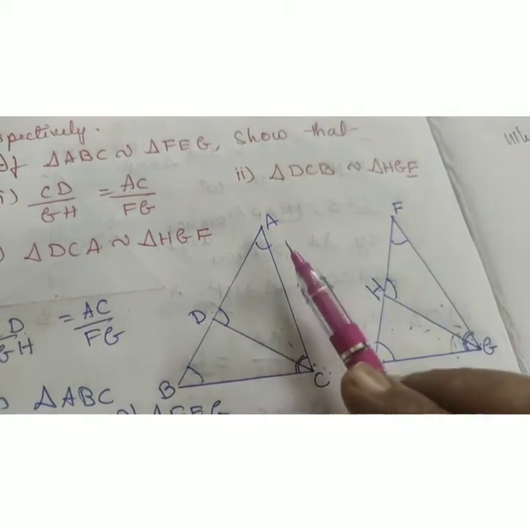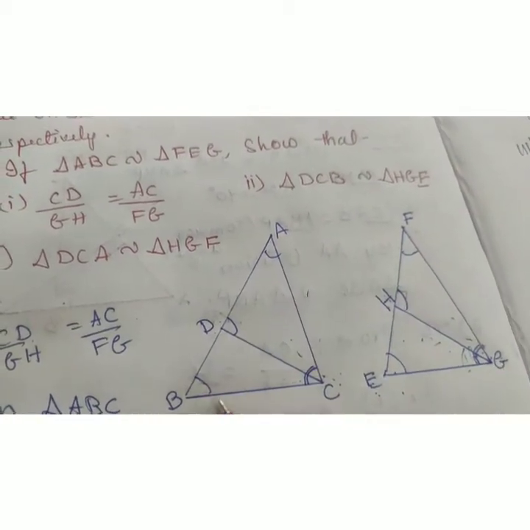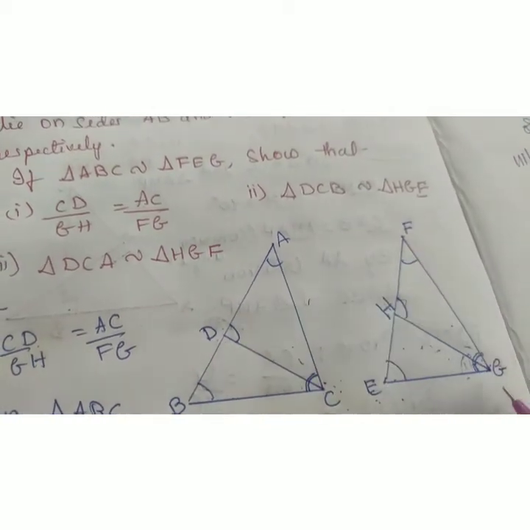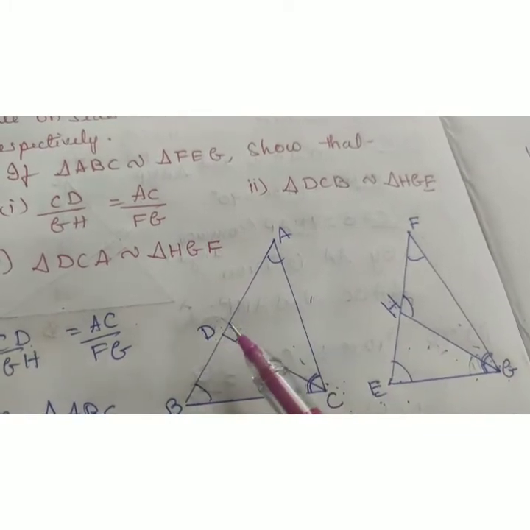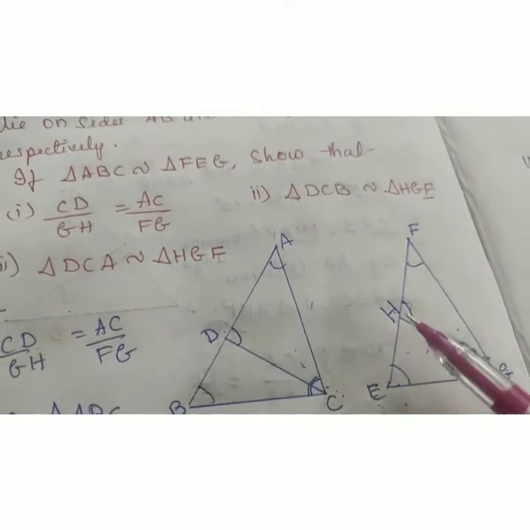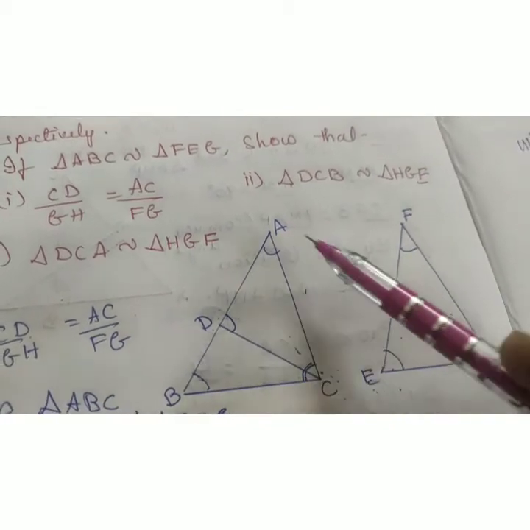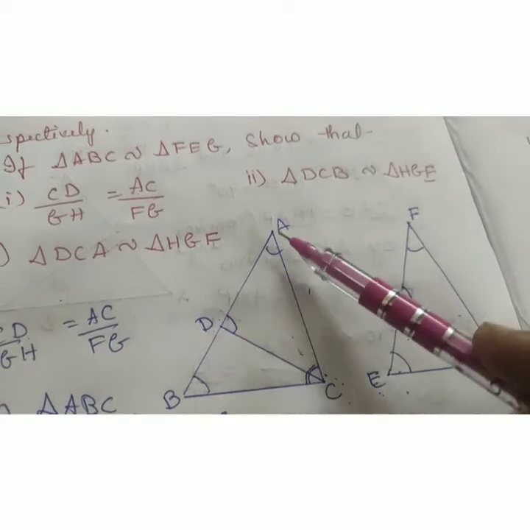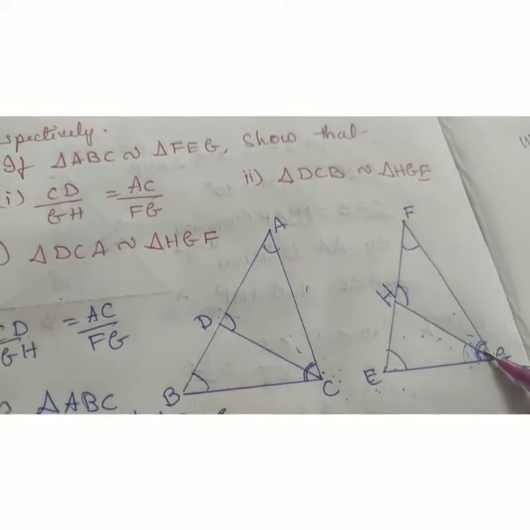Similarly we can prove it. Already given, triangle ABC is similar to triangle FEG. So angle BAC is equal to angle EFG, corresponding angles of similar triangles. Therefore angle DAC is equal to angle HFG. Similarly half of angle ACB is equal to half of angle FGE.